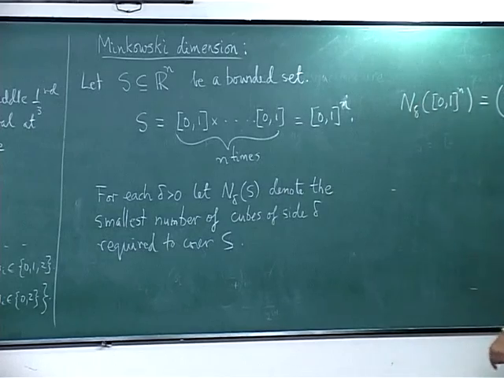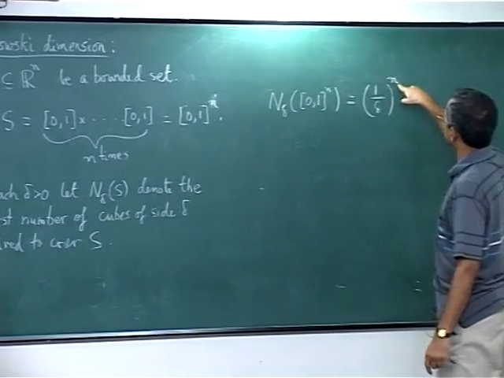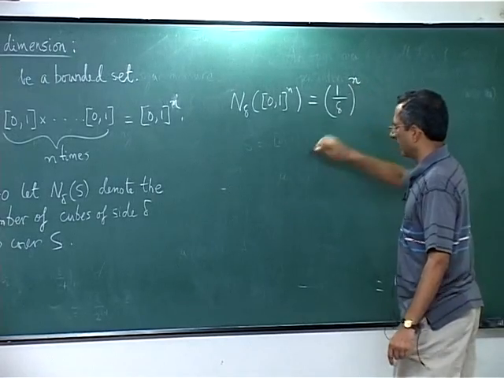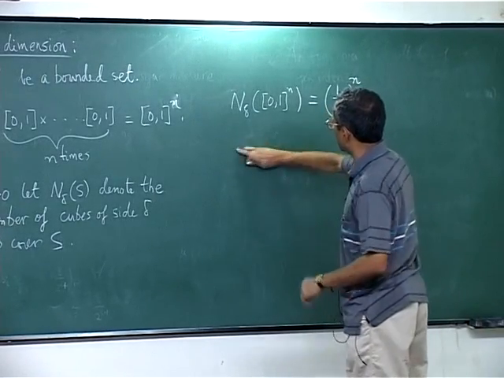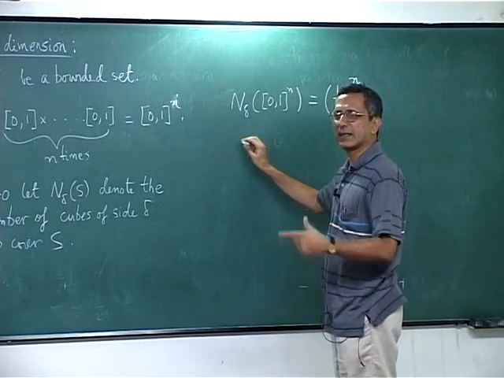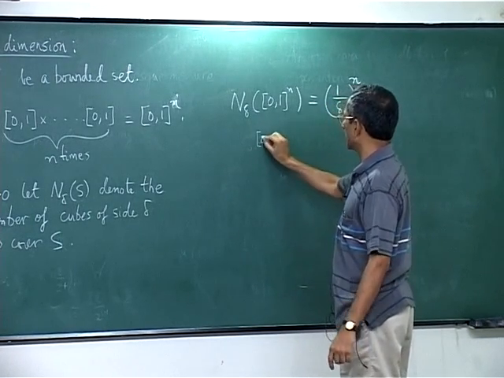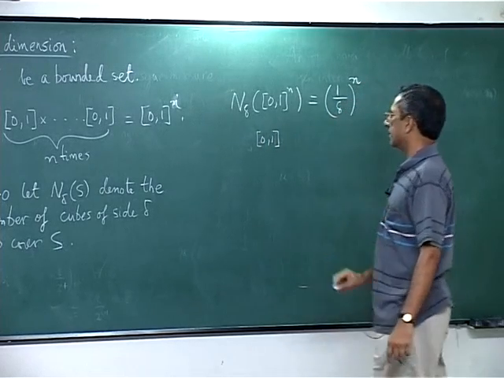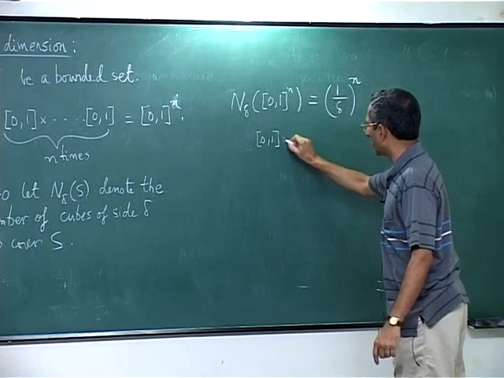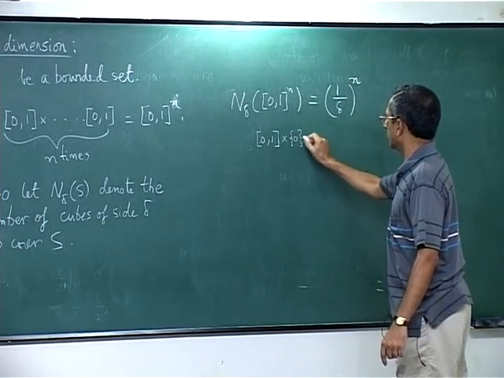So intuitively what I am thinking of is that this n should somehow capture the dimension. Okay, for analogy, let's say, suppose you take just along the x-axis the unit line segment. So let's say [0,1] is your set S. In other words, [0,1] cross 0 cross 0 cross 0.